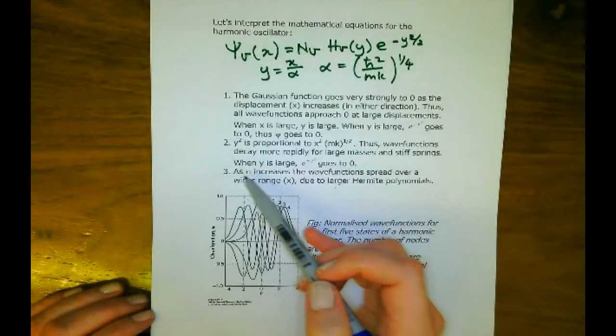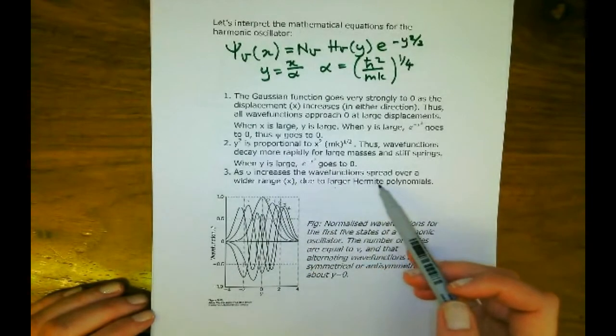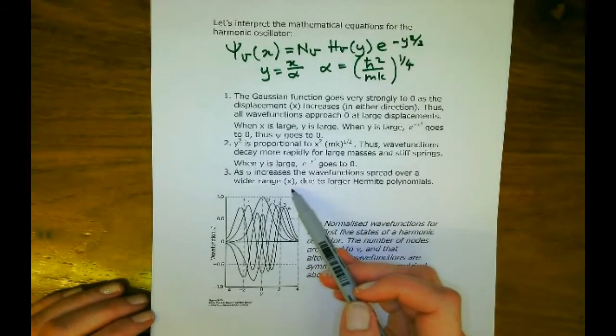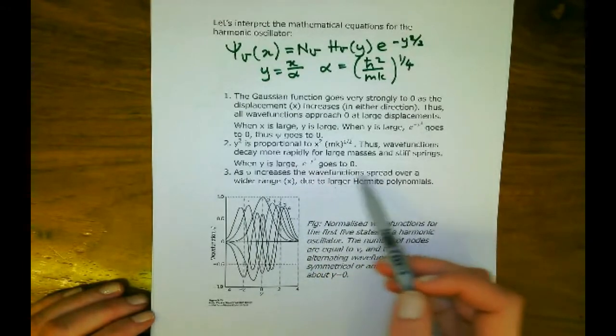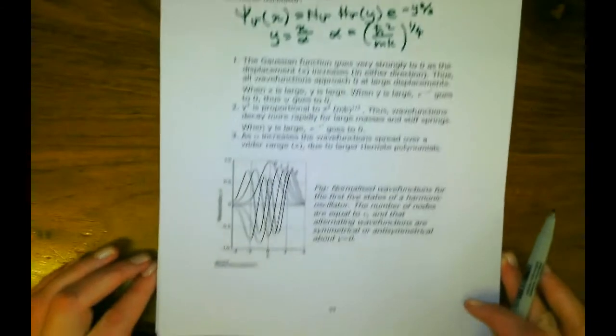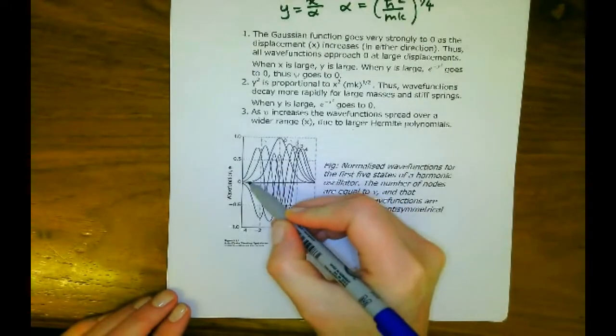And then thirdly, as the quantum number epsilon increases, the wave functions spread over a wider range of x, and that is as a result of the Hermite polynomials. So that is the role of the Hermite polynomials. And you can actually see that if you consider the first 5 wave functions.